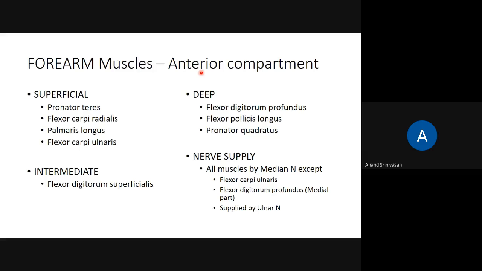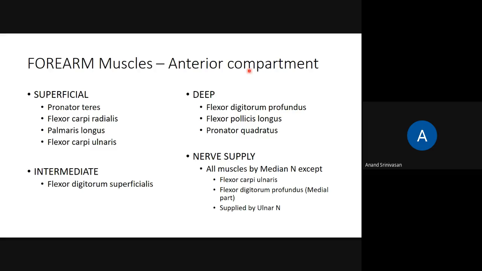Whereas the muscles on the posterior part, as well as on the lateral part, help in extension, so they are called the extensor compartment. Anterior flexor, posterior extensor. Lateral is also included in the posterior compartment.